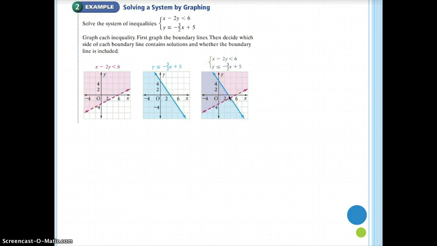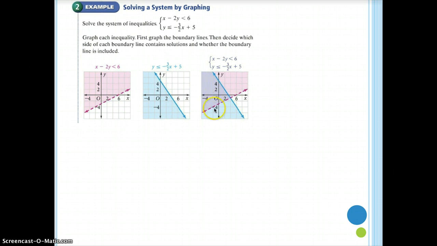Once again, we can pick a test point to see whether or not we got our solution correct. And here, a possible test point would again be 0, 0, but we could pick anything like -2, 2. They're counting by 2s here.